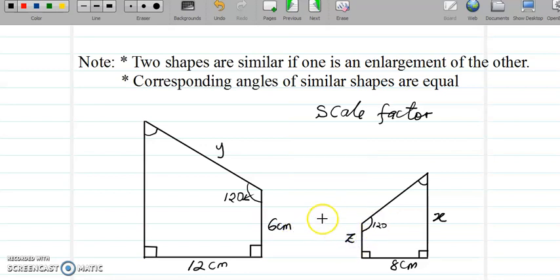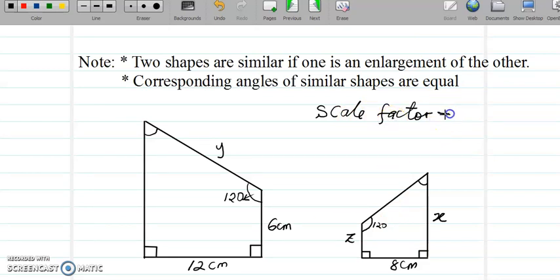And we are asked to find x, y, and z. The first thing I'm going to do is always start from the known to the unknown. The known here is that this length is known and this length is known. So use the two lengths whose values you know to obtain the scale factor.